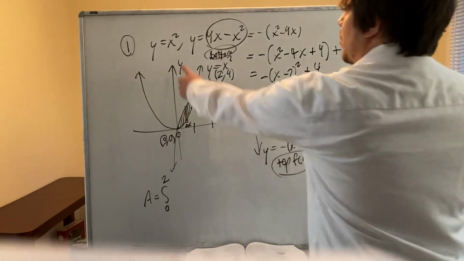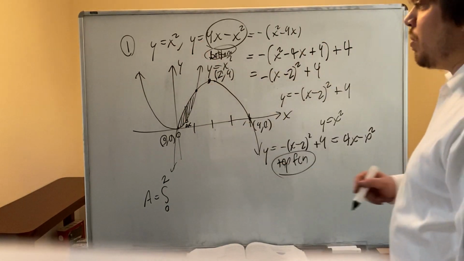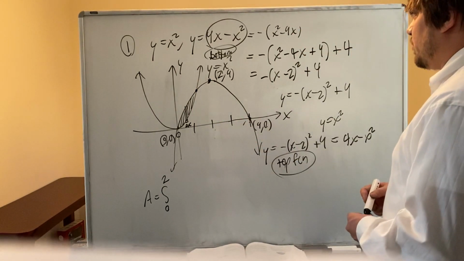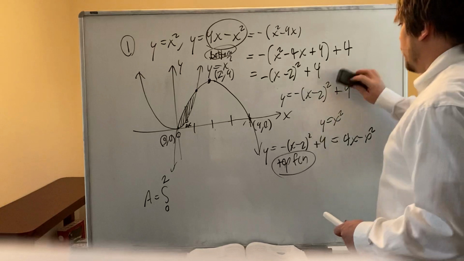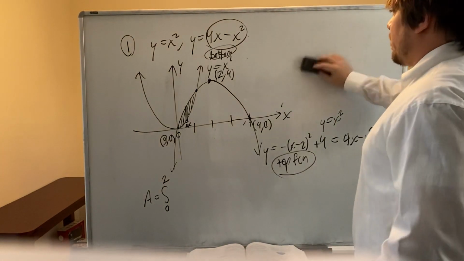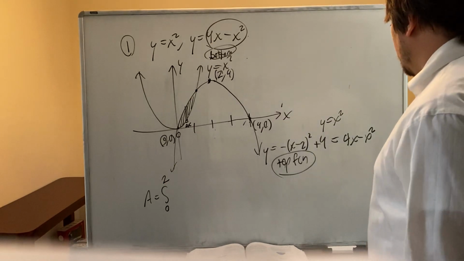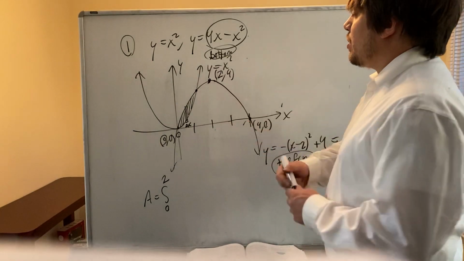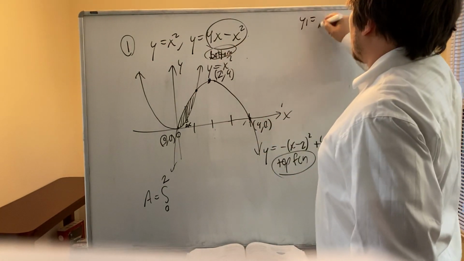And so they both cross the origin. Well, what's this other point? So to find this point, I'm going to erase this part, which helped me draw the graph. I don't need that now. Okay. So now we're going to set the two functions equal to each other. y1 equals y2.